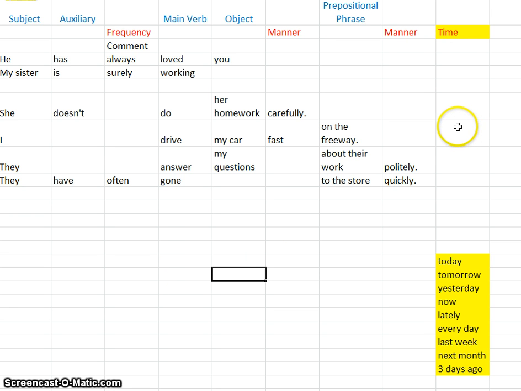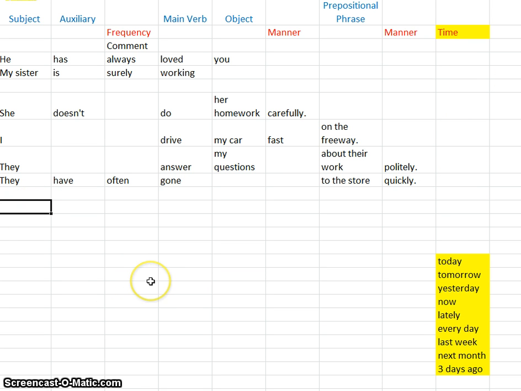The last type of adverb I'd like to talk about today are the time adverbs that aren't frequency. So frequency are a type of time adverb, always, never, sometimes. But the other time words, today, tomorrow, yesterday, now, lately, every day, last week, next month, 3 days ago, all of those words go at the end of your clause.